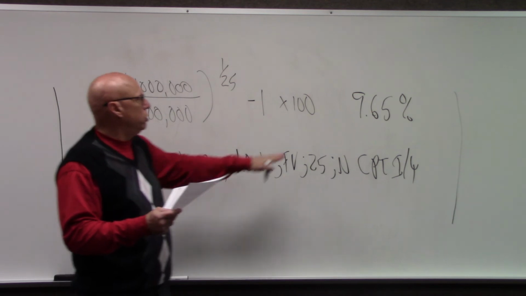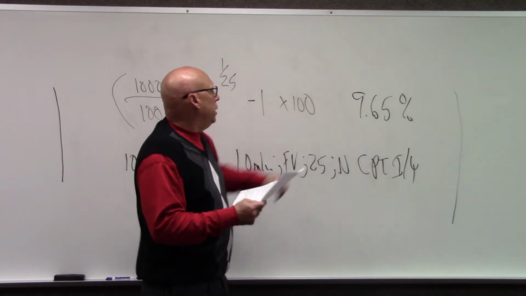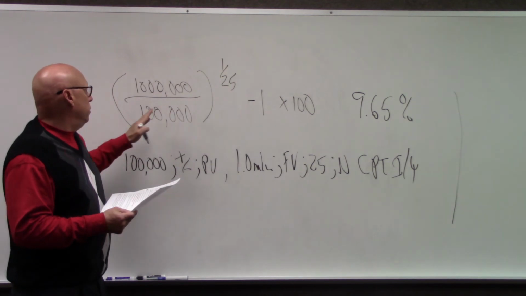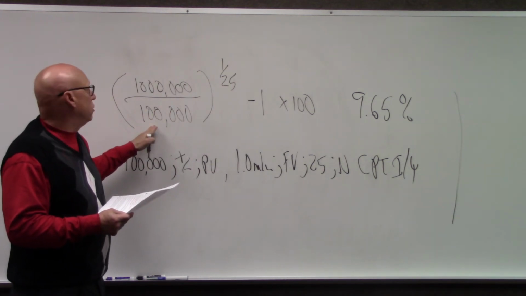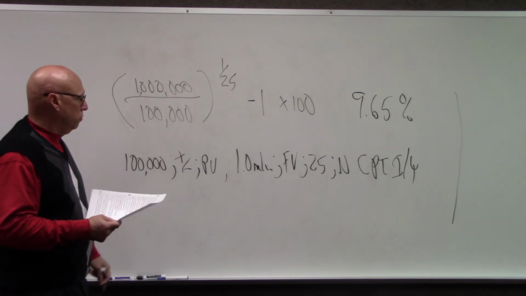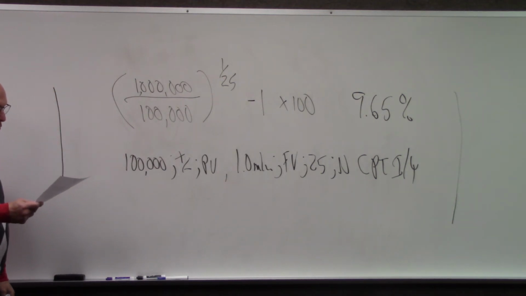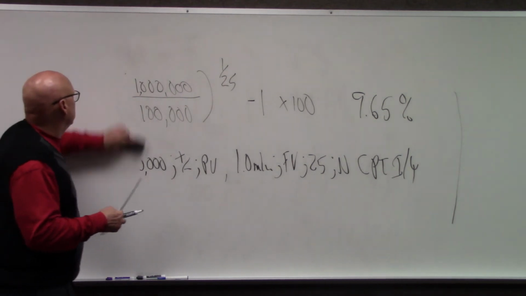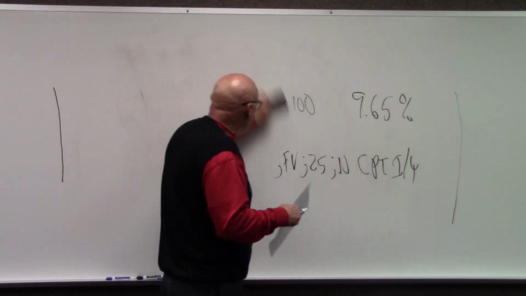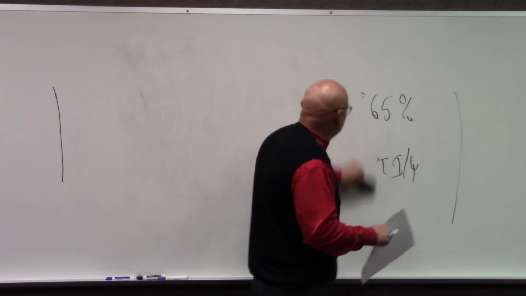If you earn 9.65% each year for 25 years, and you start with a balance of $100,000, you'll end up with $1 million. There you go. The magic number, 9.65%. We'll key it in. Moving right along. We are making progress.